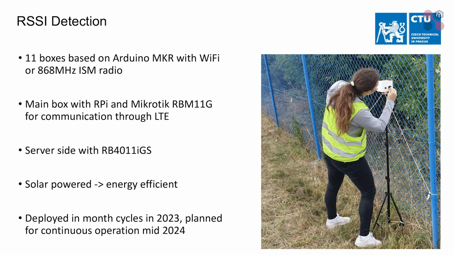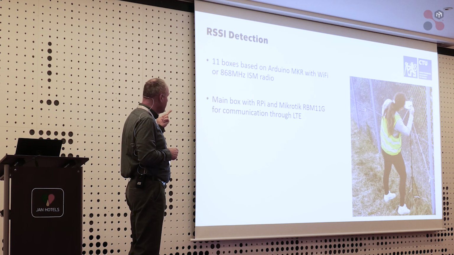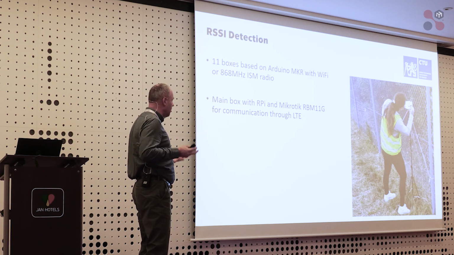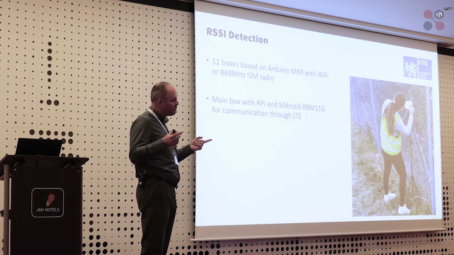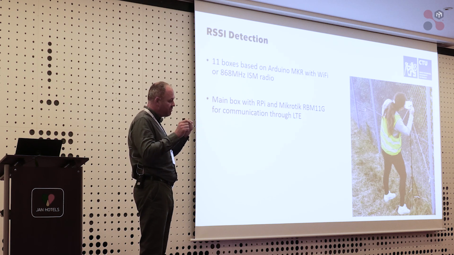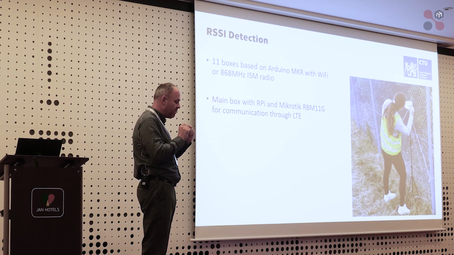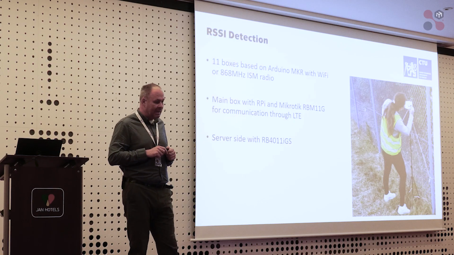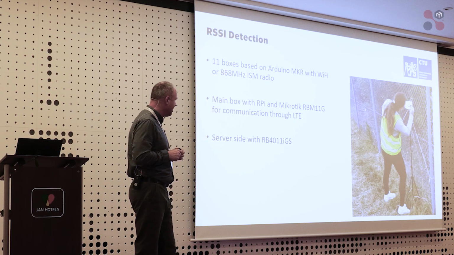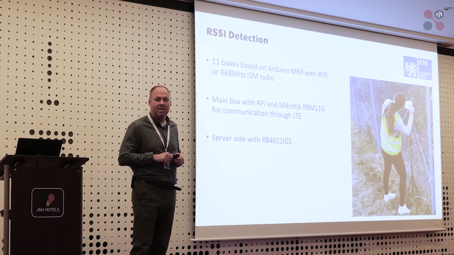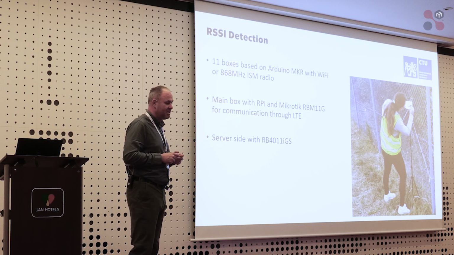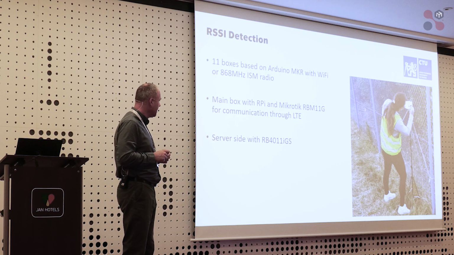The main box contains a Raspberry and a Mikrotik RBM11G, which does all the live communication, and we have live alerting if there is jamming, with the approximate position of the source. The server side is built on 411, which I got somewhere. I don't know where, maybe from Jaromír, by constantly supporting us with testing different Mikrotik devices, or his company.